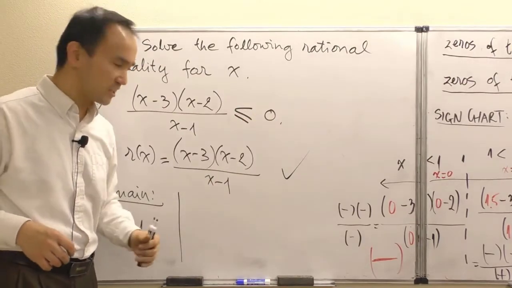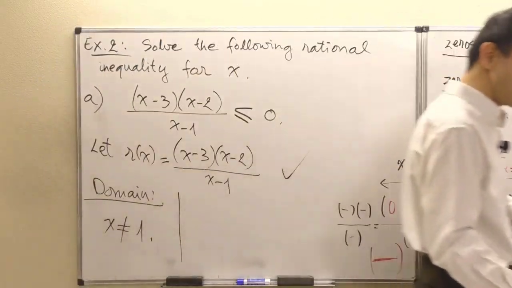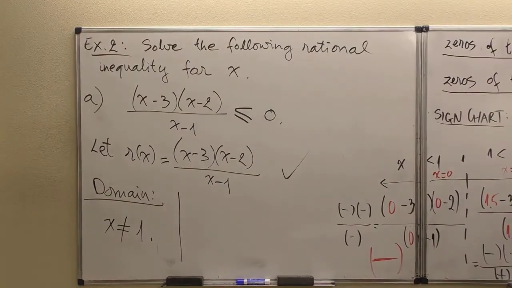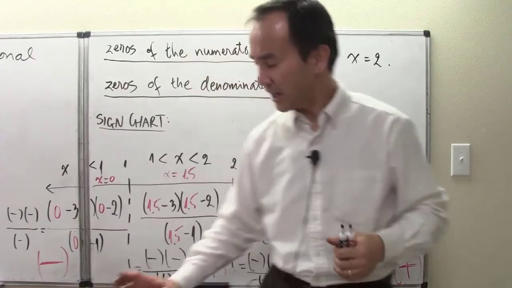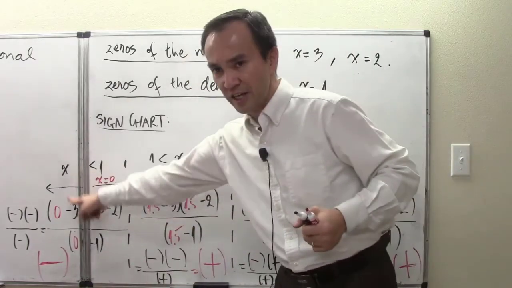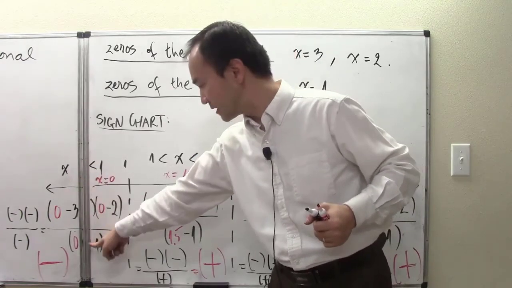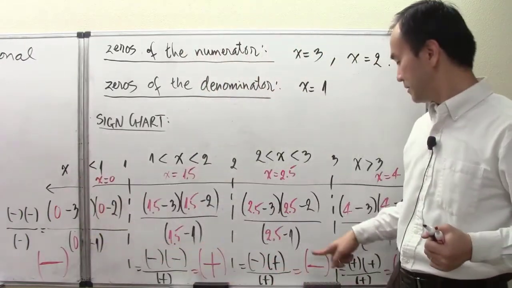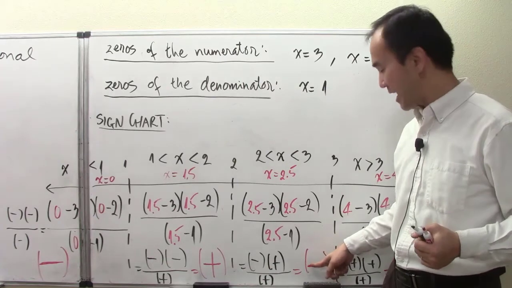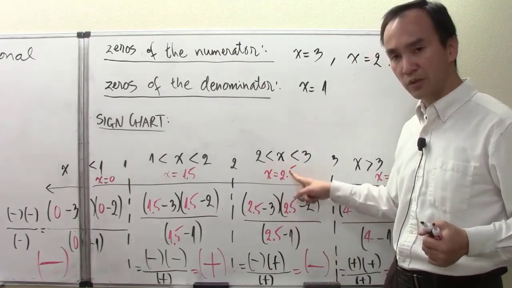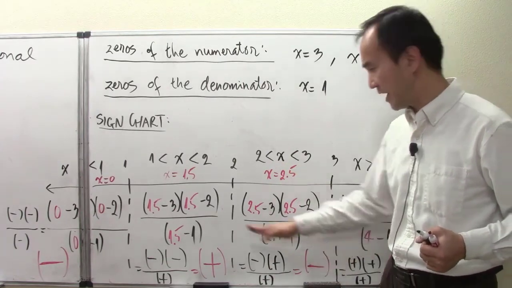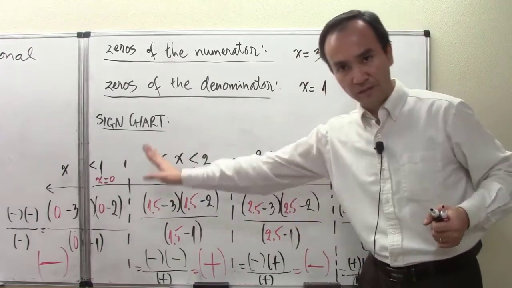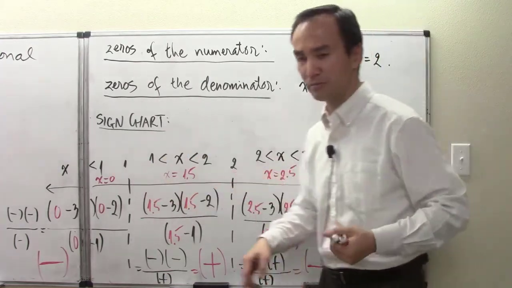Let's look it up from the sign chart. The sign chart says this first interval where x is less than 1 is negative. The third interval where x is between 2 and 3 is another negative one. We have two intervals from the sign chart. Let's put them together.